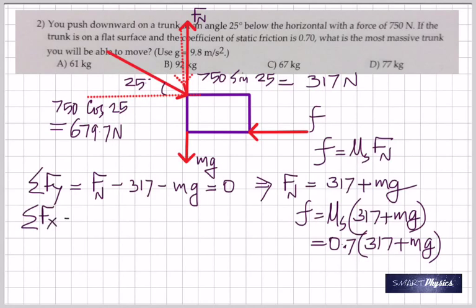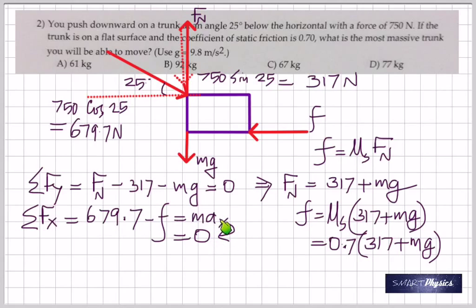So you have that equation, and now when we take the net force along the x-axis, you have only two forces, 679.97 newtons, and friction. That should be equal to max, but the problem says that we just need to be able to move the object, which means it's not accelerating.